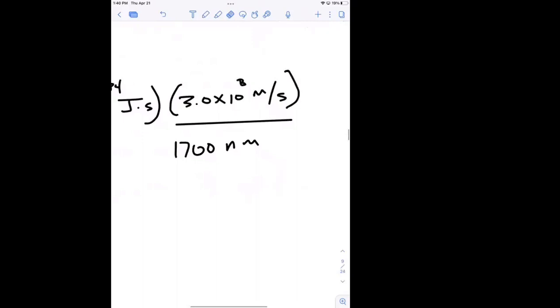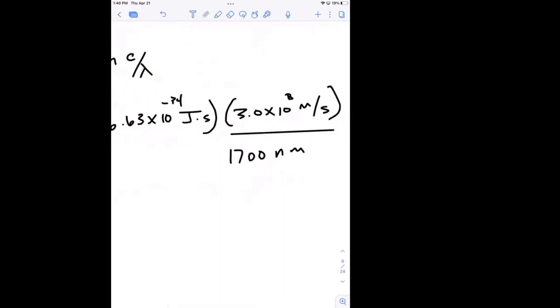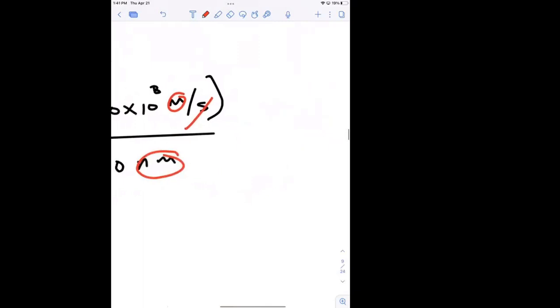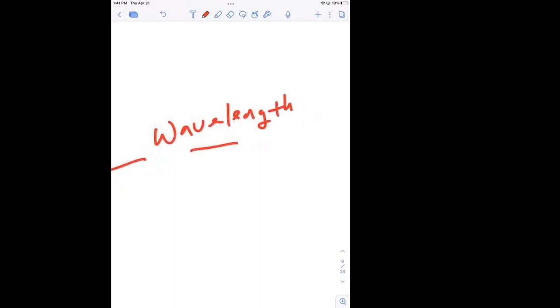Because if you notice in the equation, we want to cancel everything. We want to cancel seconds, which we can do here. And we want to cancel meters, but we can't cancel meters with nanometers. So anytime you're working this particular type of problem where you're looking for the energy of a photon and you have the wavelength, you have to put it in meters.